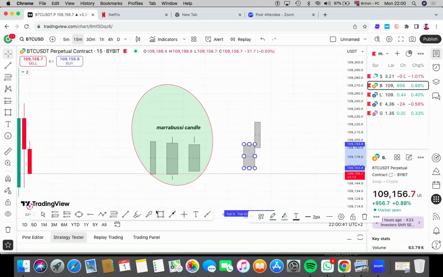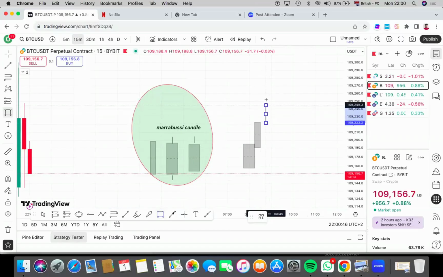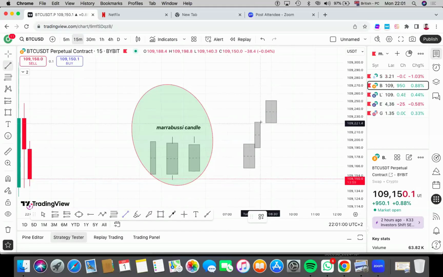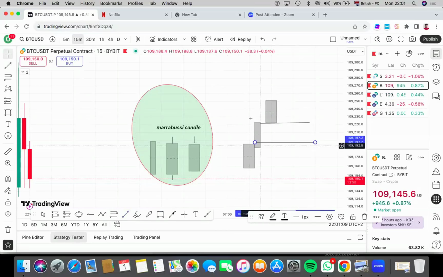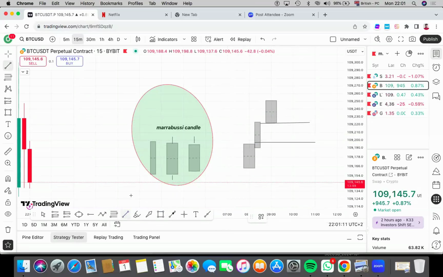And there will be another candle up here. And within it, you have this gap. You can have the candlestick just like this.